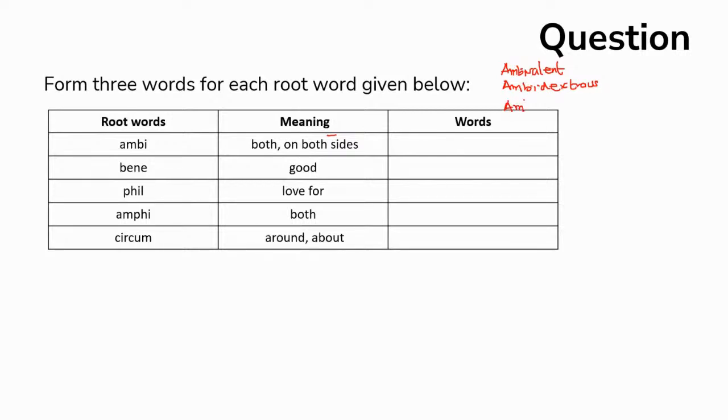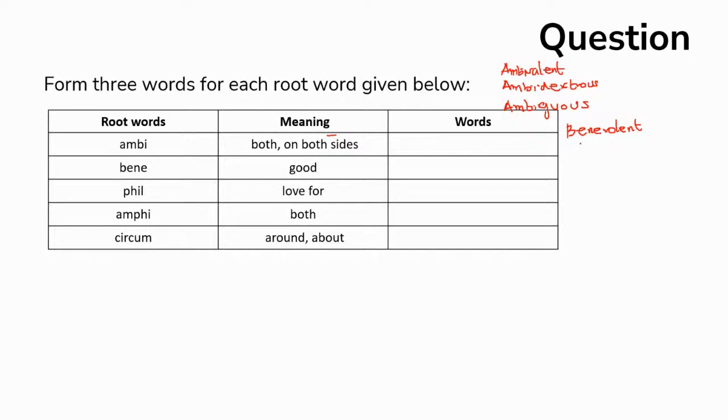And next is ambiguous. Open to more than one interpretation is called ambiguous. So there also it is like both. And next, words having beni in it. For example, benevolent, well-meaning and kindly. So that is also good.